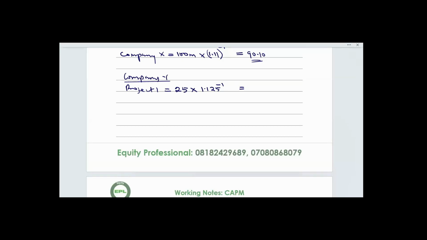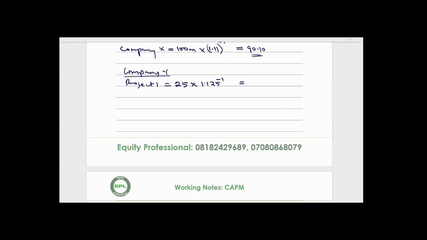So this will give us 1.125 raised to power 1 minus equal, then multiply by 25 equal 22.22.